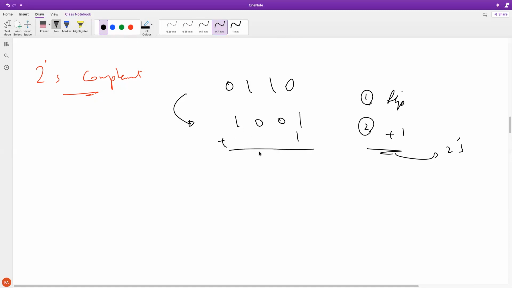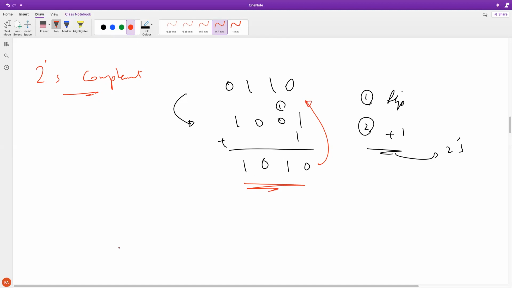If you remember, in 1's complement, we added carry at the end, but here we add 1 when you flip the bits. 1, 0, 1, 1, 0, carry 1. 1, 0, 1, 0, and 1. This is the 2's complement of this number.